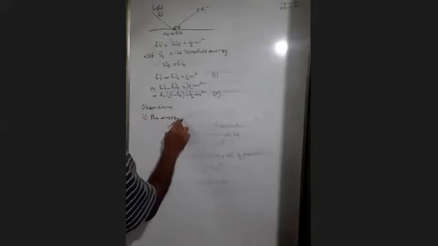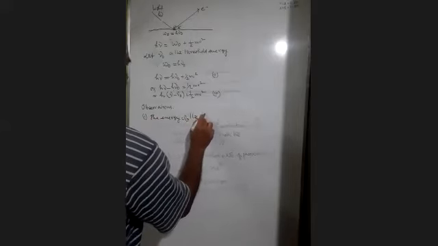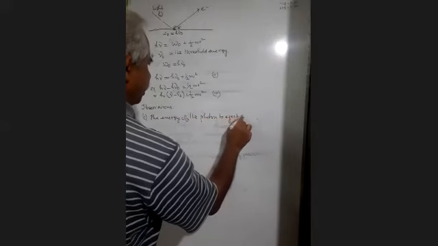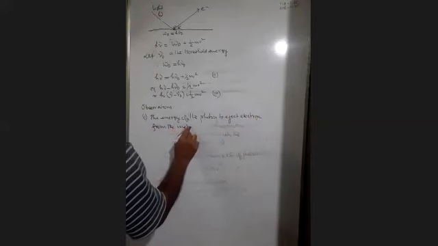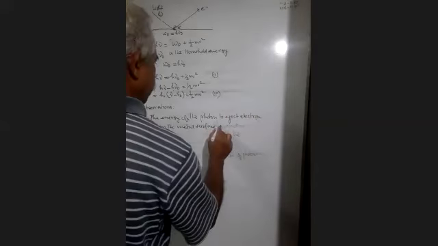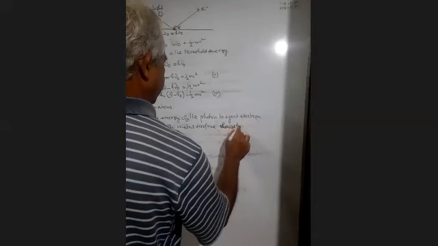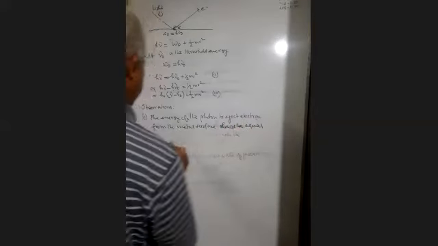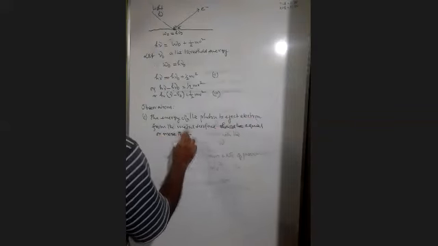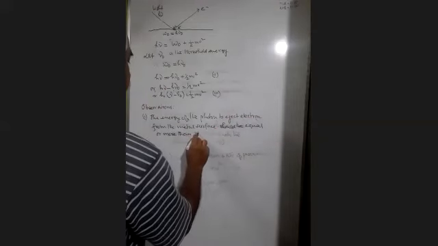The energy of the photon to eject an electron from the metal surface should be equal or more than the work function.